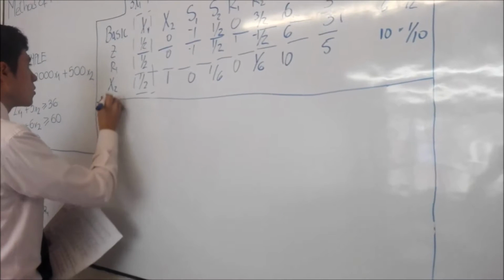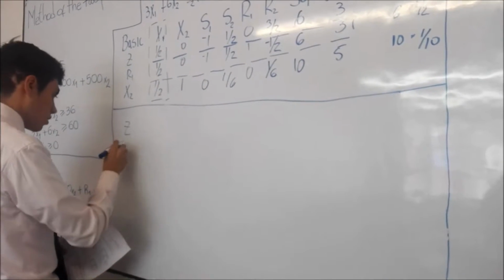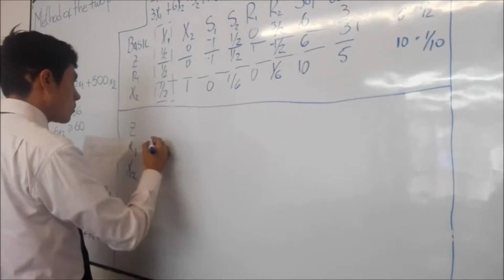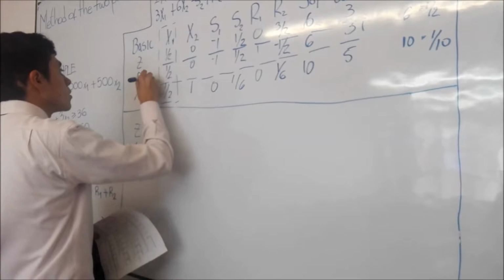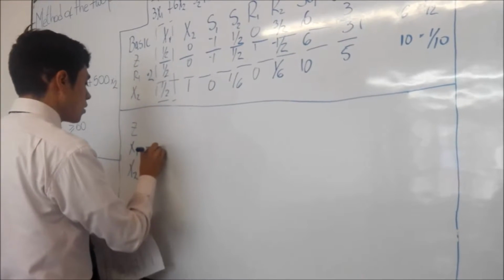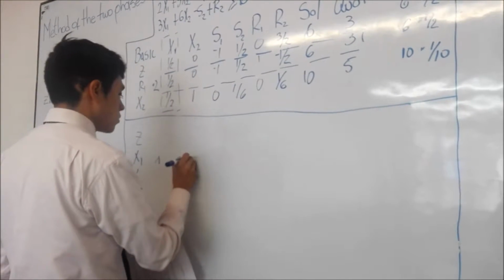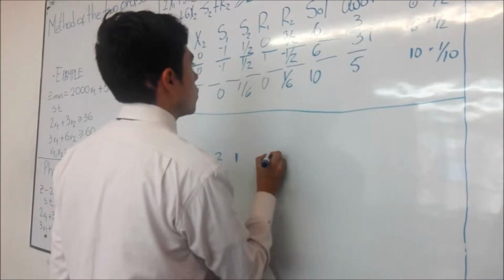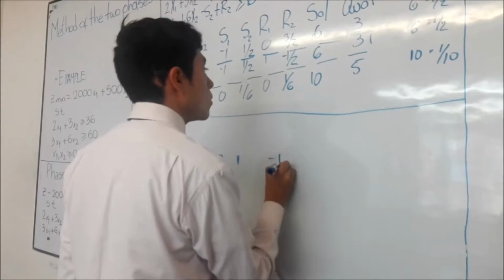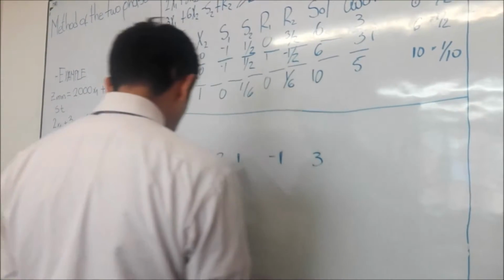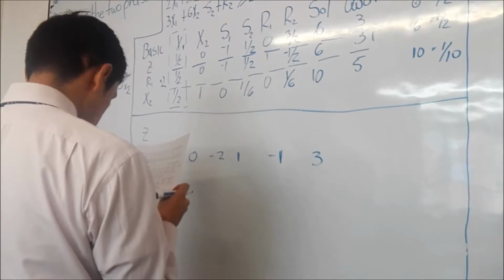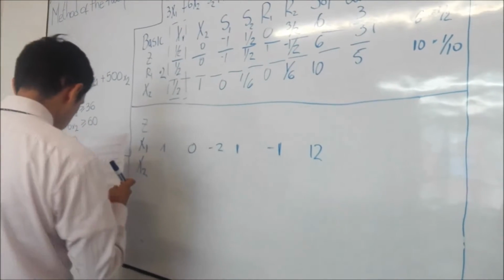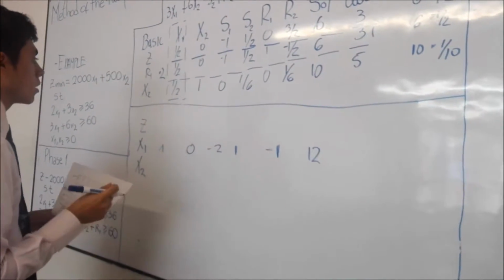Now our pivot row is R1 and we must multiply it by 2, and the result is: x1 is 1, x2 is 0, s1 is minus 2, s2 is 1, r1 is 2, r2 is minus 1, and solution is 12. After, we must find x with the equation before.